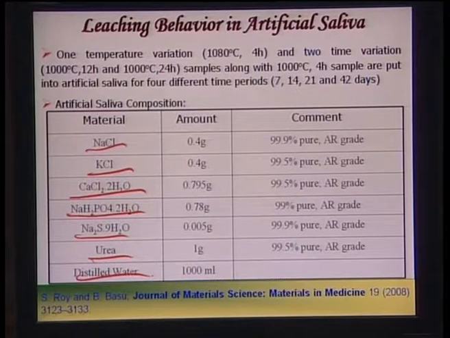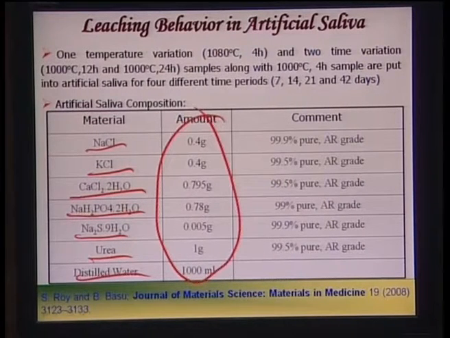This composition has been taken from textbooks and other literature, and we have done this testing up to 42 days, that means 6 weeks. Based on the mechanical properties and the microstructure, we selected a few samples which were further tested in artificial saliva.